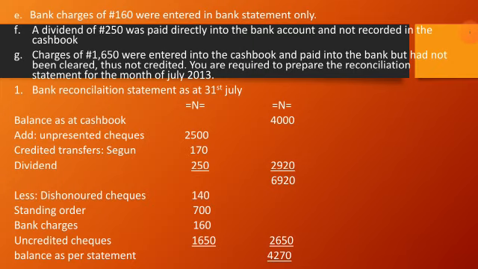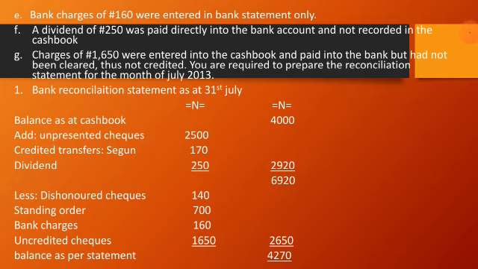Now, you have to less your dishonored check. Dishonored checks are checks that were issued to customers, but for one reason or the other, the bank rejected them. Maybe as a result of the amount in figure and words not matching. So we have to less this.